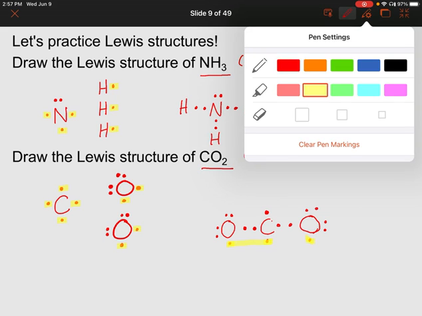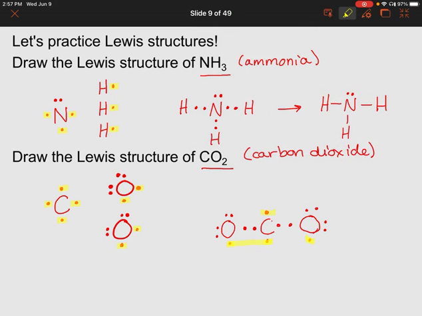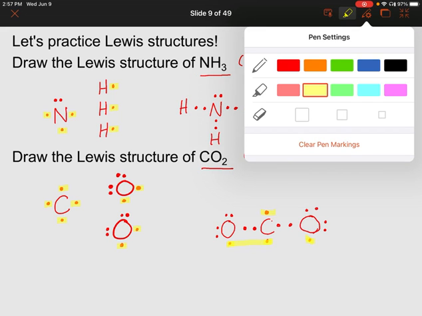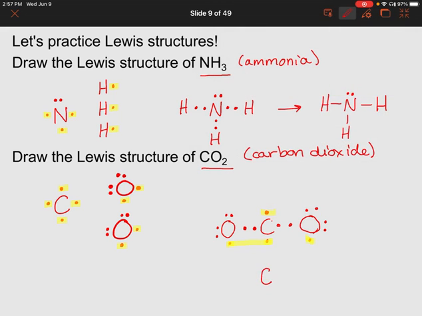Okay, so you get the idea though. We're going to pair up that top electron with the bottom electron on oxygen. So let's redraw that. So now we have 4 electrons that are shared between carbon and each of the oxygens. Oh, there we go. My pen isn't working very well.